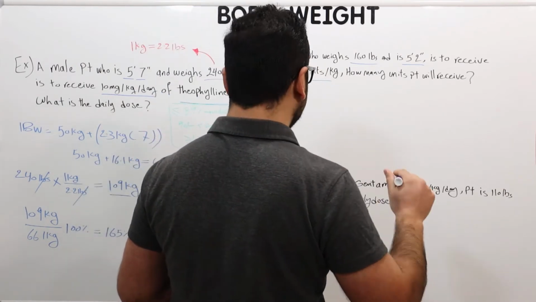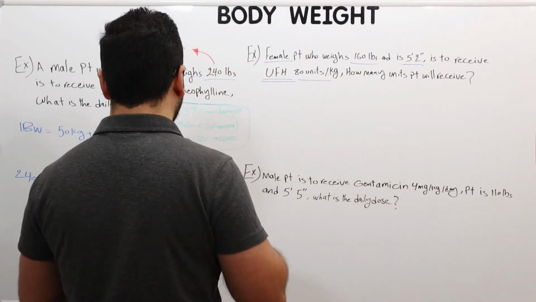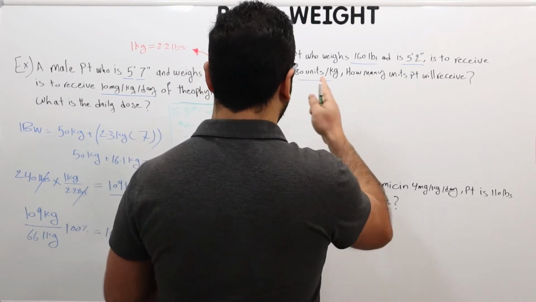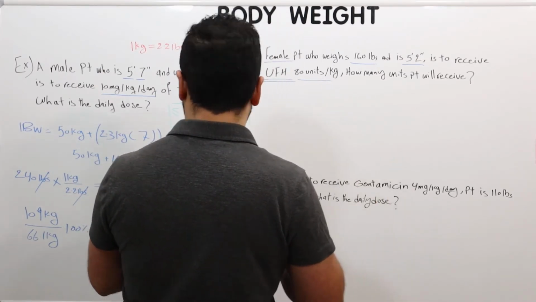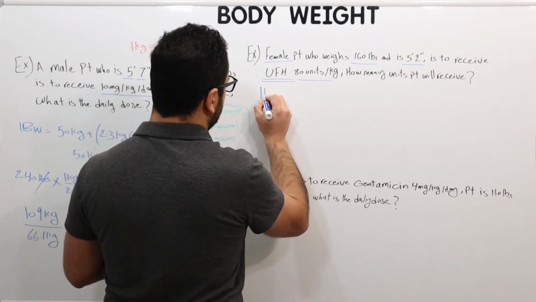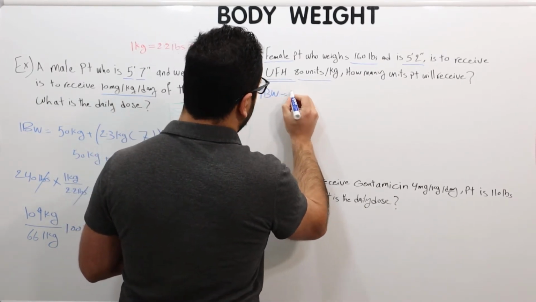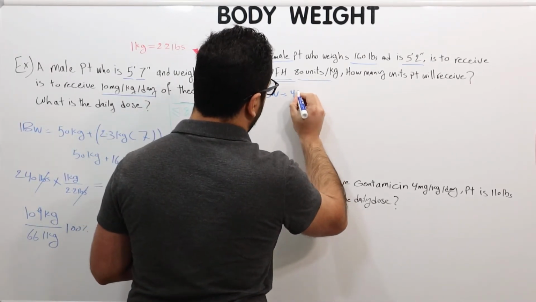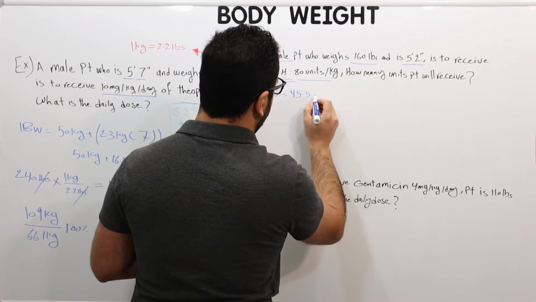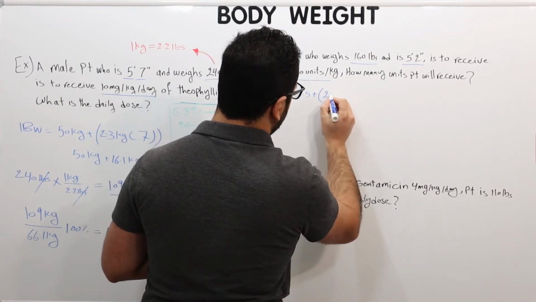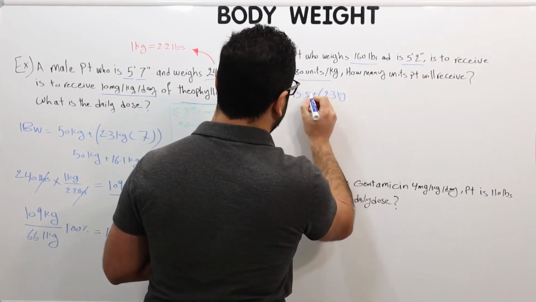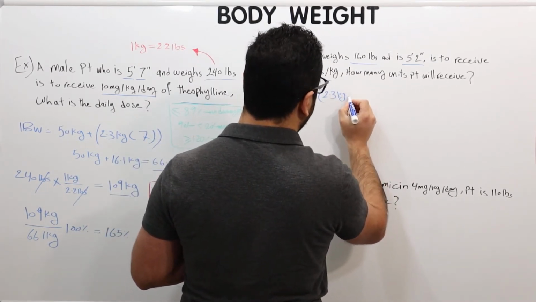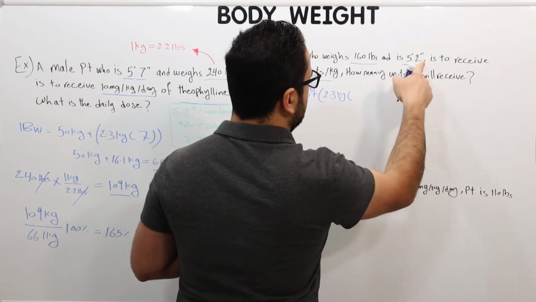So first of all, we said we're going to calculate the ideal body weight. Since this is a female, the formula for ideal body weight is going to be different. Instead of 50 over here, it's going to be 45.5, plus parentheses 2.3 kilogram, of course a kilogram over here as well, times the number of inches over 5 feet.